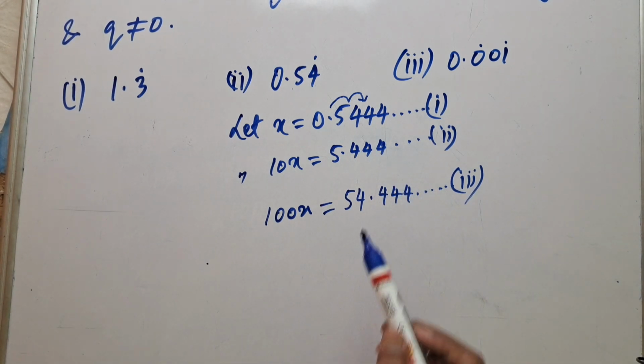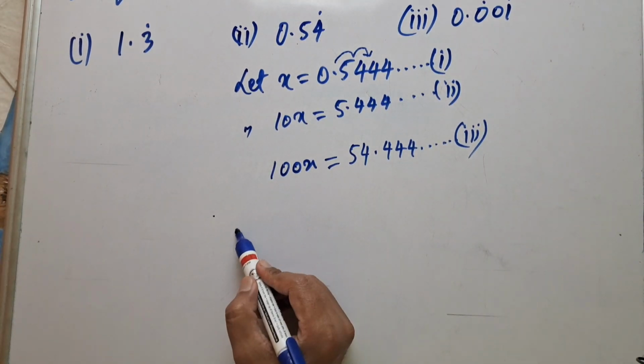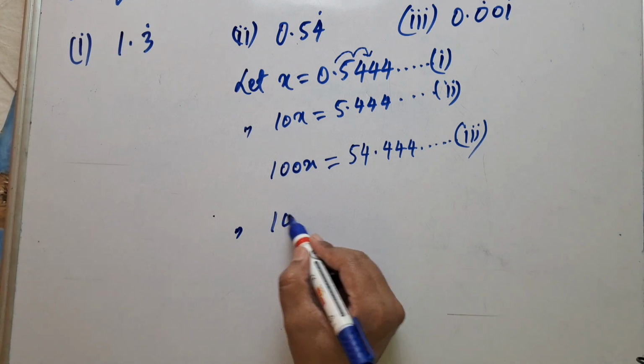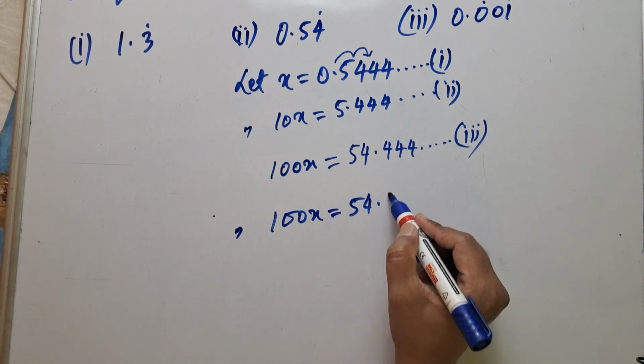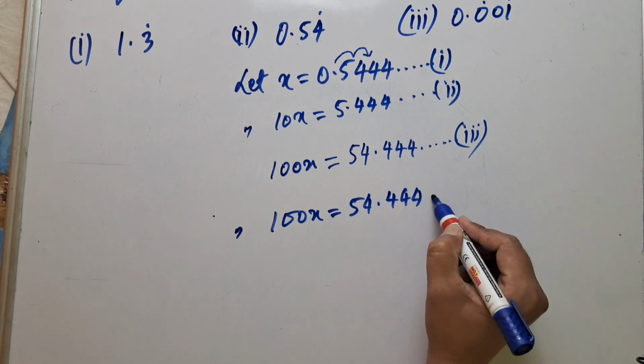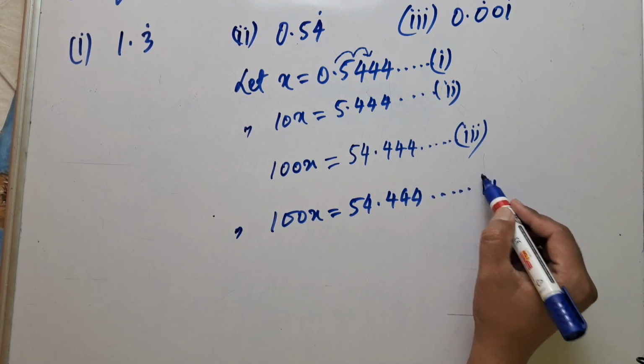Now what we do is we subtract equation 2 from equation 3. Let us write equation 3 again. 100x equal to 54.444 and so on. This is equation 3.